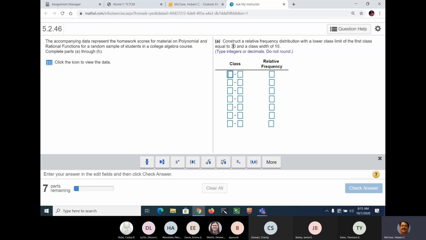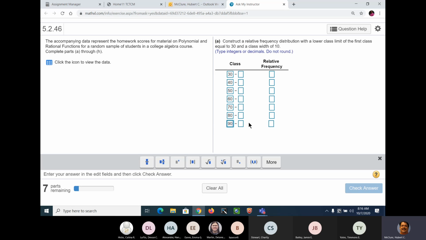First of all, the 30 and the class width of 10 tells you what to do here. So 30, 40, 50, 60, 70, 80, 90.